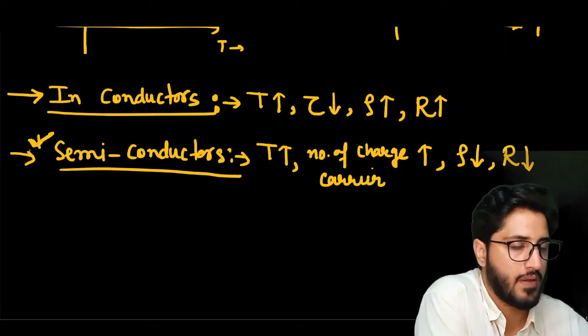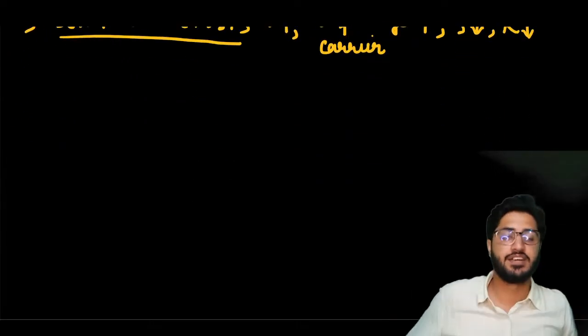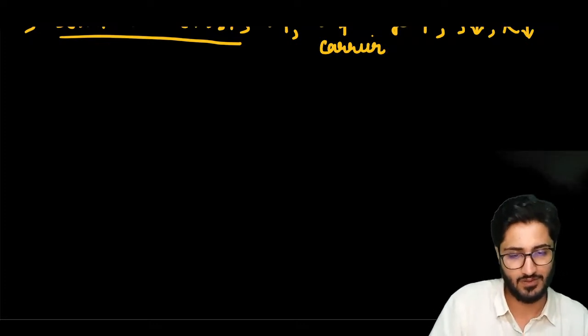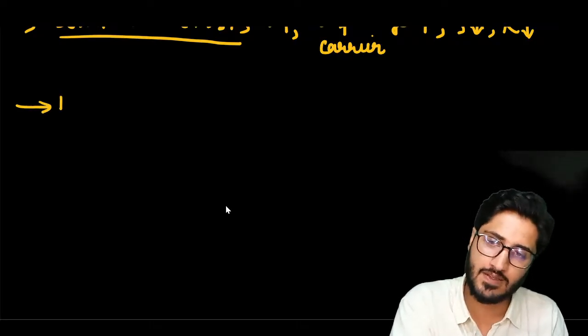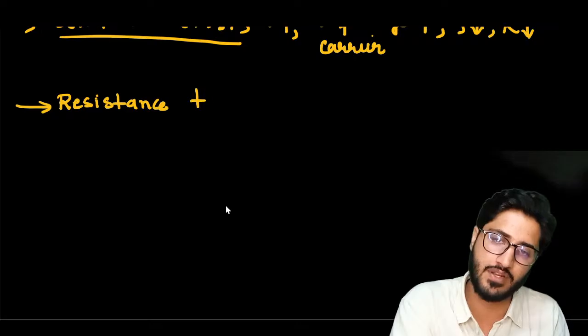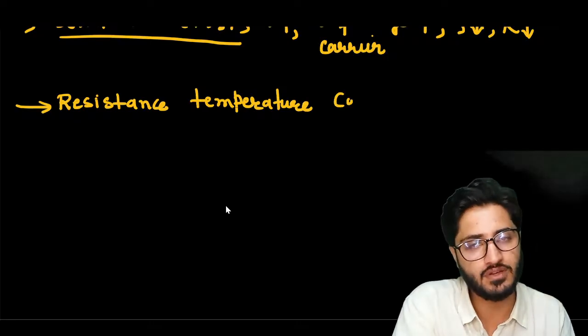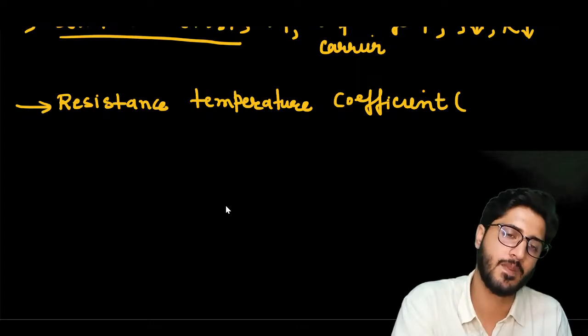Okay. Now we have one of the most important things from our chapter, that is resistance temperature coefficient, and its derivation also. Resistance temperature coefficient is alpha.